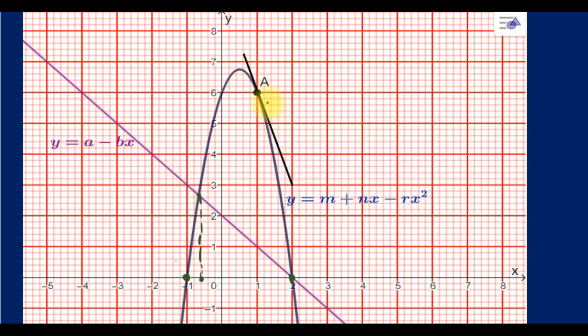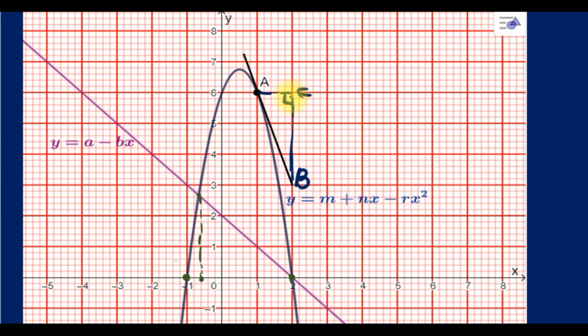So slope is change in y over change in x. So form a right triangle. The slope of this line AB, let's call here C, is change in y over change in x. Remember, the line slants this way, so the slope is negative.